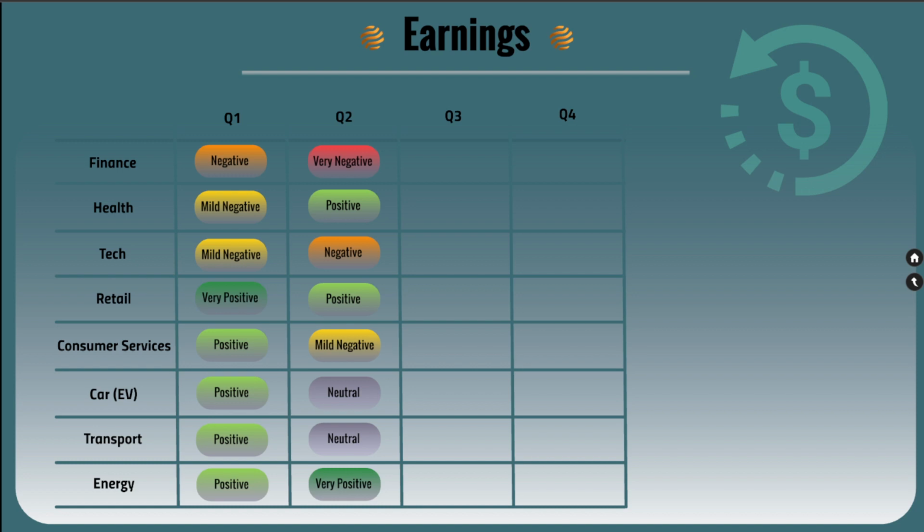So far, as we know, retail still can be positive. The health sector is improving a little bit, and the energy sector is also improving a lot, actually, but there is no surprise. So what we can take as a conclusion is that the market has finally started to react to the real performance of the market, and therefore we can expect further negative impact from the earnings side.